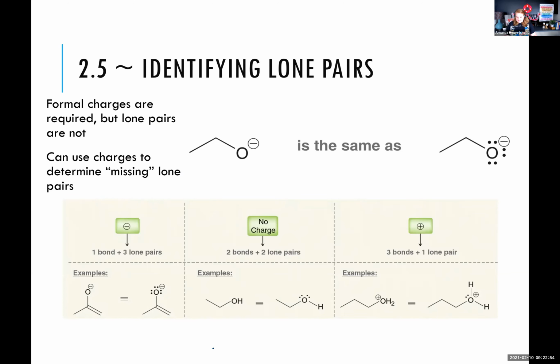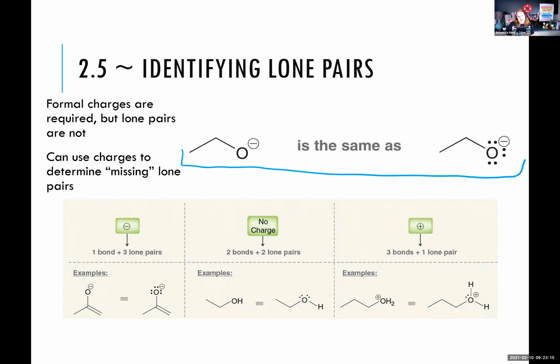So looking at oxygen, and this came up earlier with the lone pair thing, but notice right here, writing an oxygen with a negative charge and no lone pairs is going to mean the exact same thing as writing an oxygen with all of its lone pairs and a negative charge.